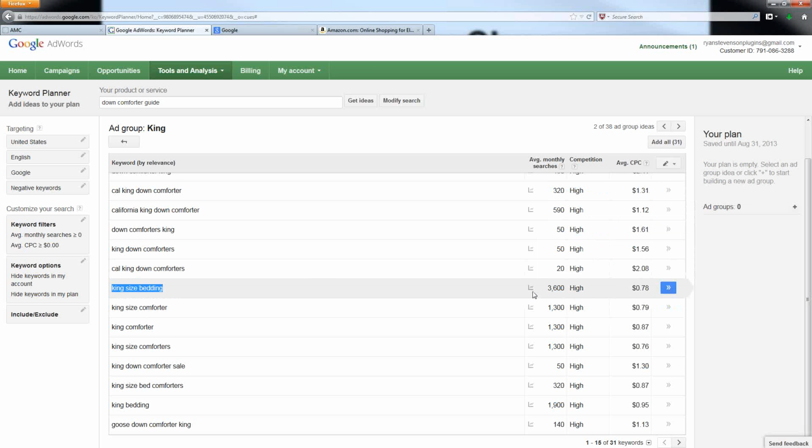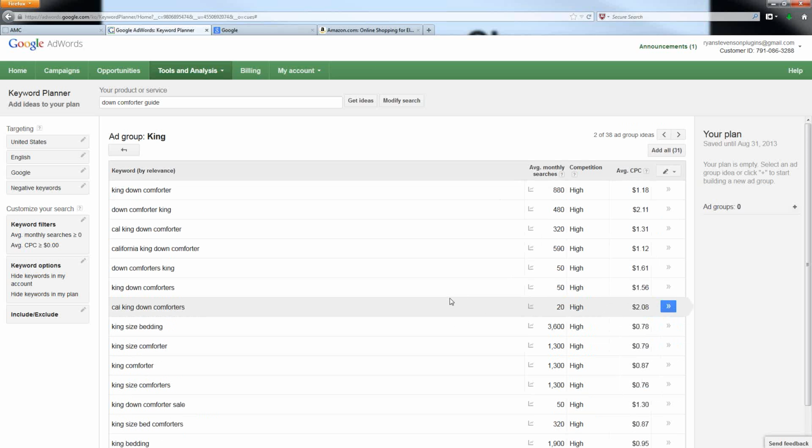I want to think about this in terms of like I was doing with my niche and primary keyword phrase selection. I want to pick a keyword phrase that is likely to have much lower competition, because these are only going to be essentially secondary pages of my website that will be targeting these phrases.